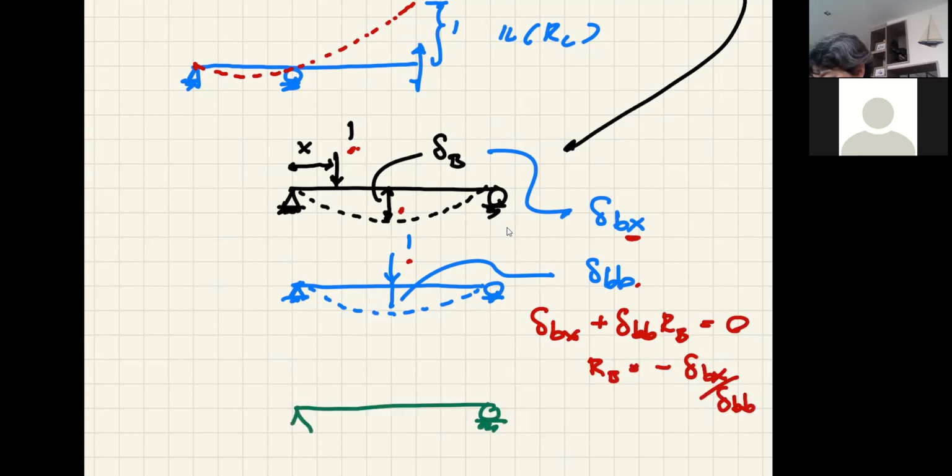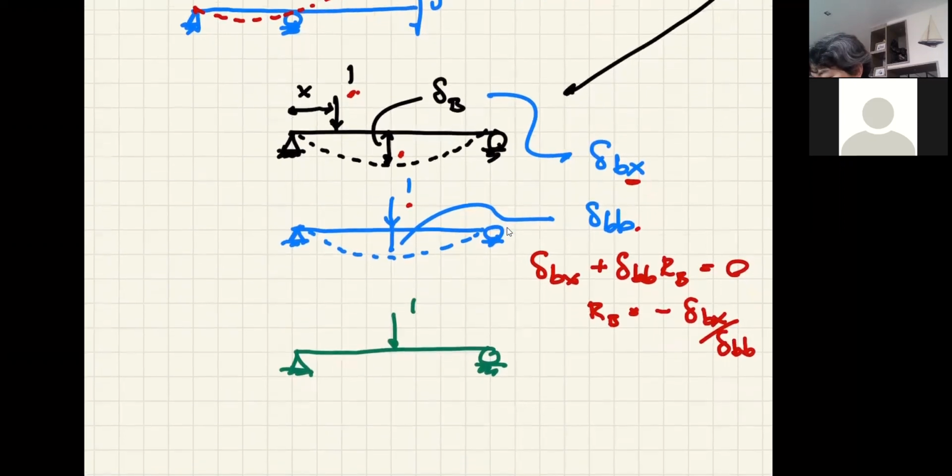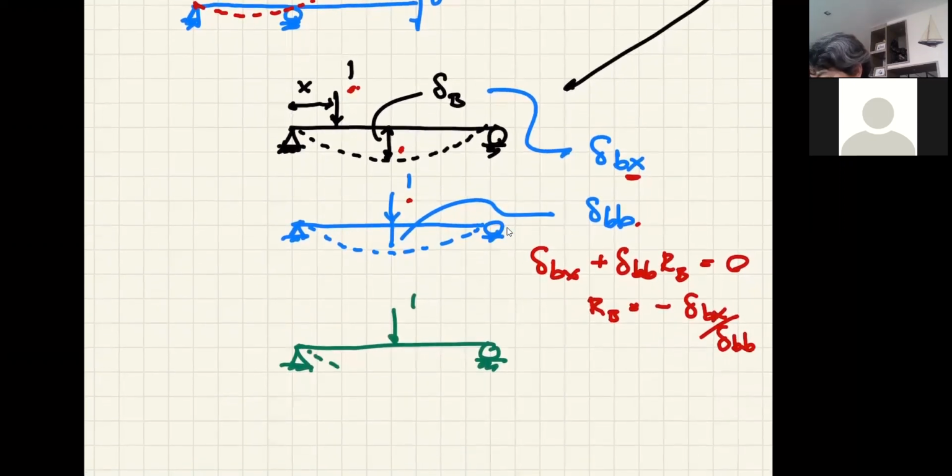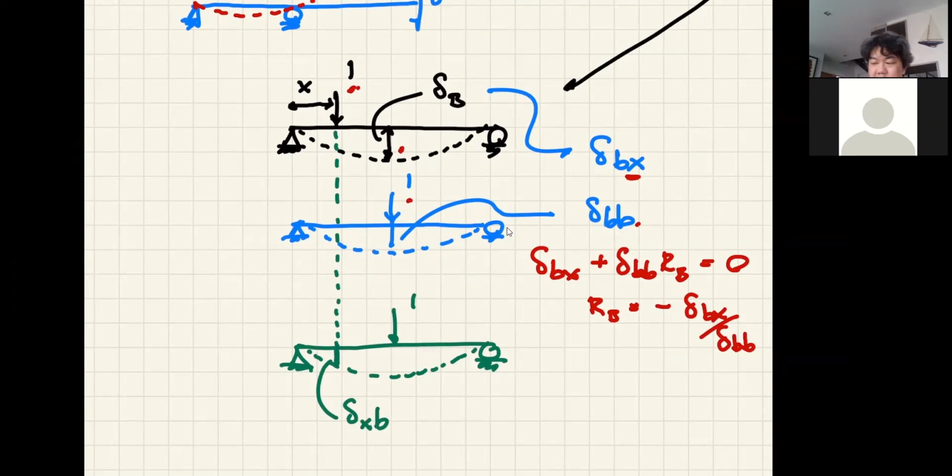If I have the beam and I put the unit load here at B, again, this beam is going to come down. If I want to calculate the displacement right here at the same location as this unit load, this is called delta at location X due to the load B, right?